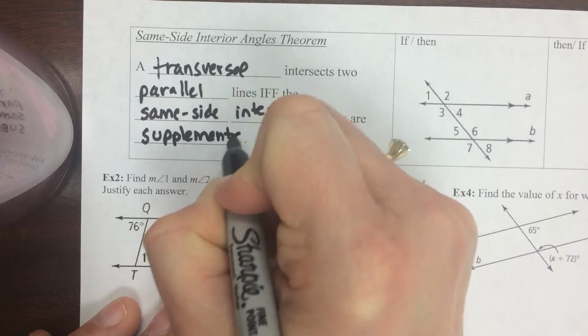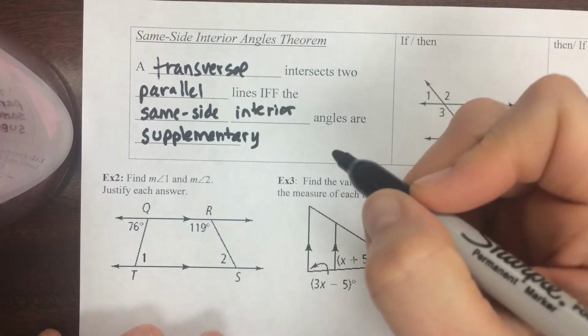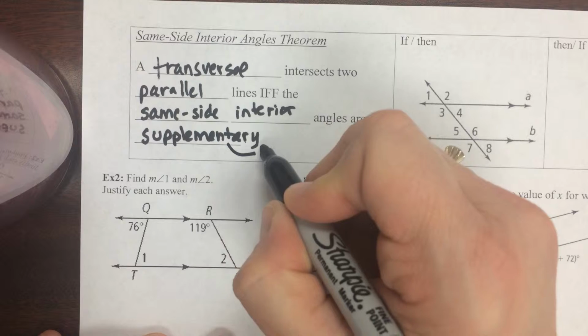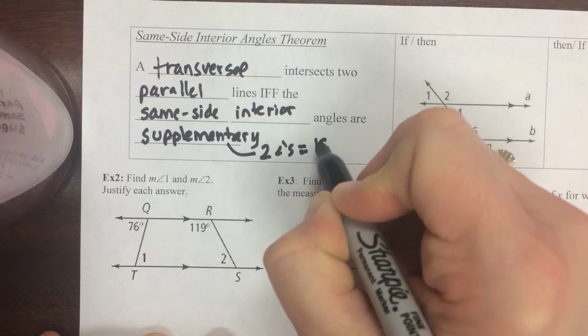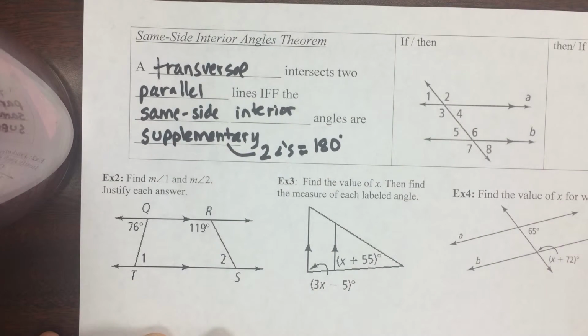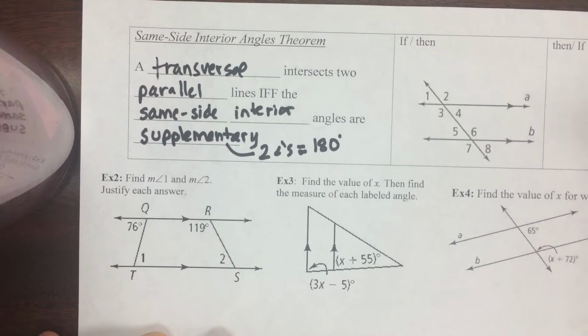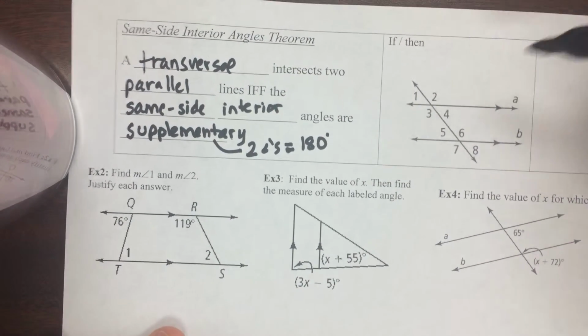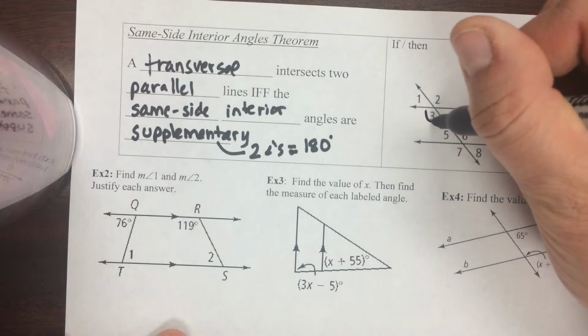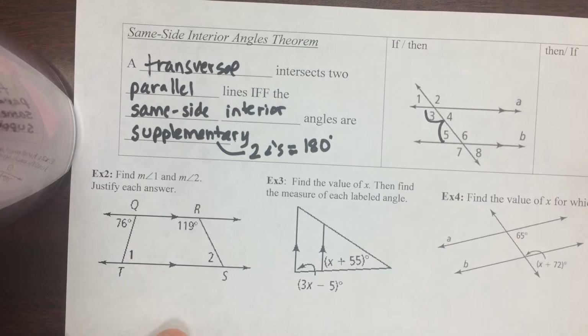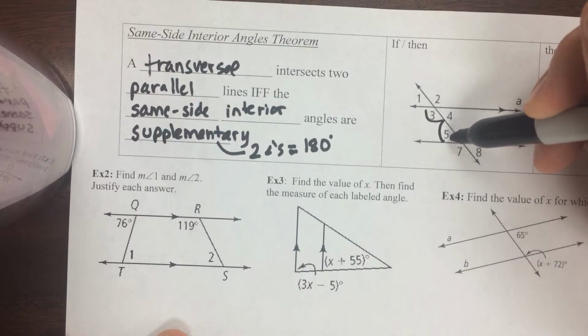All right, now we need to know our vocabulary. What does supplementary mean? Supplementary means 2 angles that add up to 180 degrees. Okay, so let's look at our picture. What same side interior? So 3 and 5 are same side interiors. This is not the same measures.